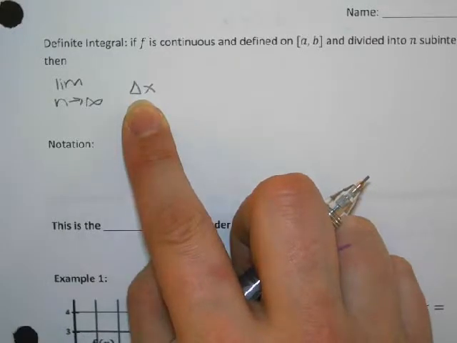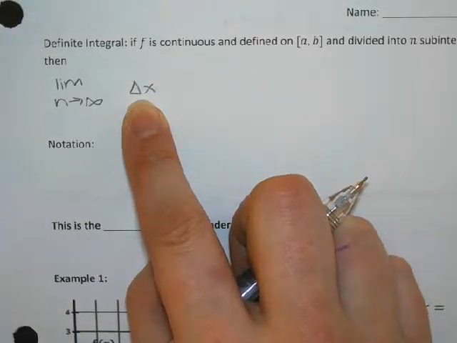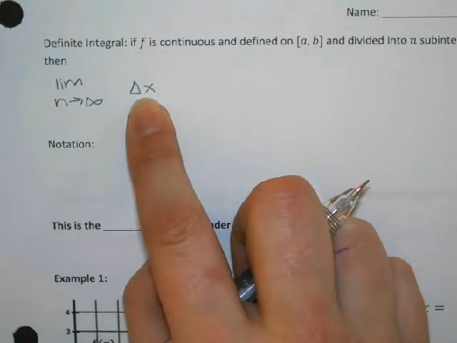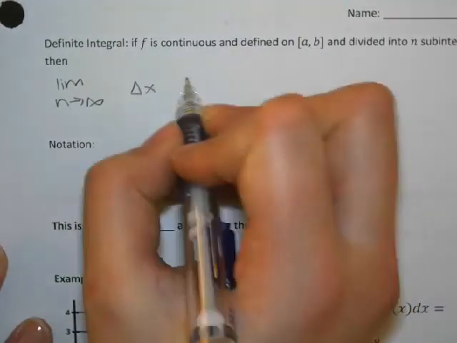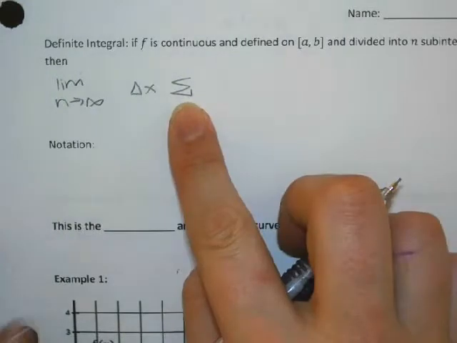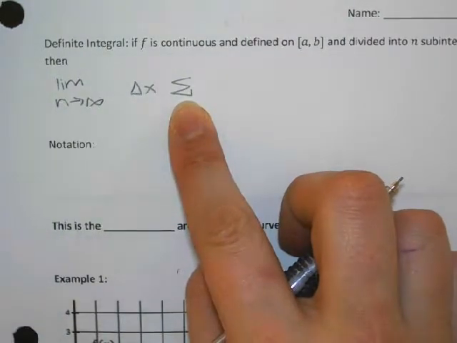And if you remember, when we did width times height, width times height, the width ended up being a GCF, and so we pulled it out to the front. So this is kind of like having the width pulled out to the front. And then we have a summation because we were multiplying it by multiple heights added together.